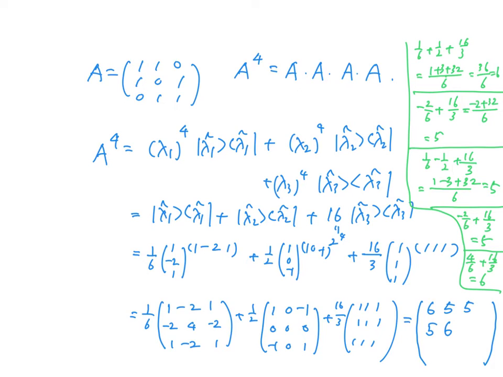For the final row, minus 2/6 plus 16/3 is 5, and 1/6 minus 1/2 plus 16/3 is 5. So there are many 5s and 6s.